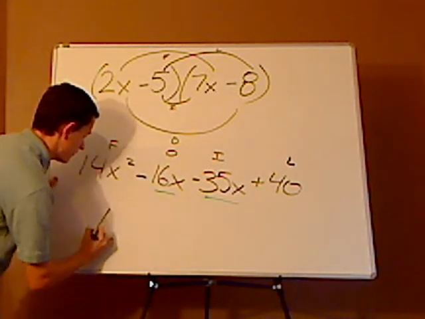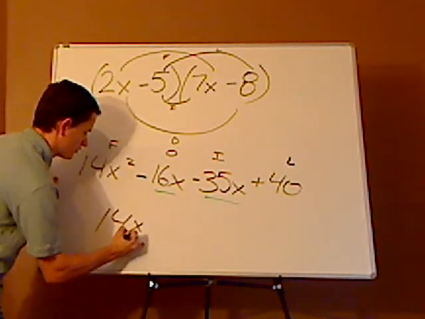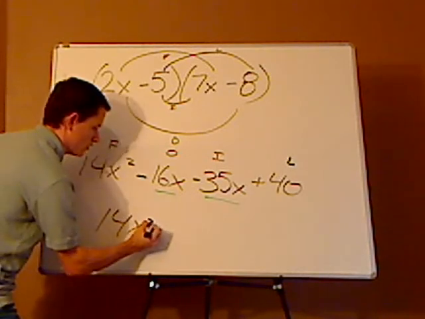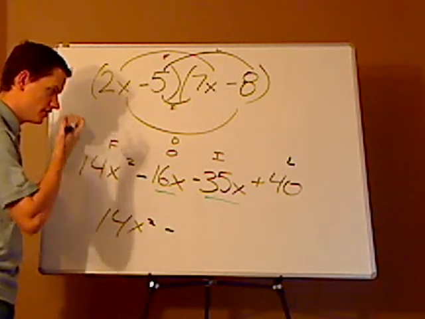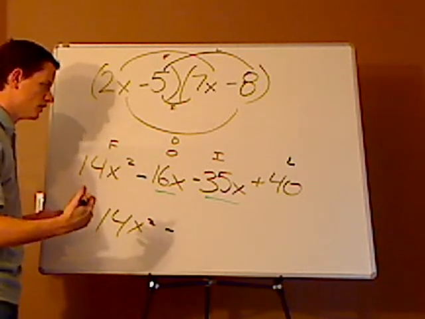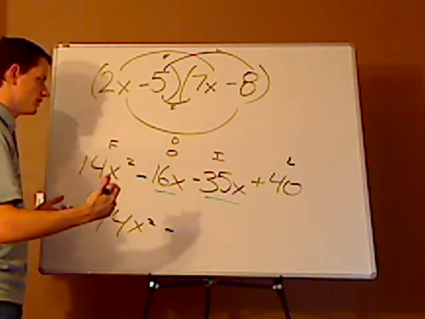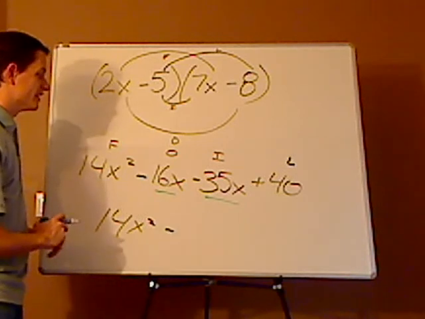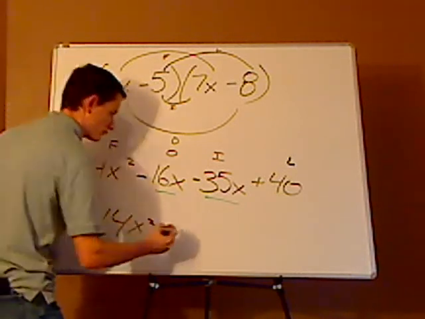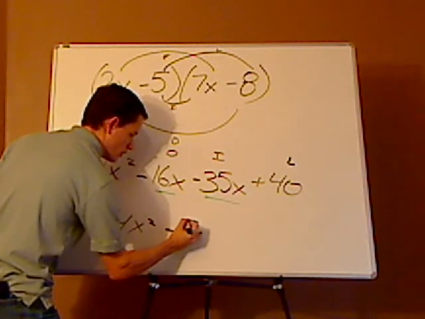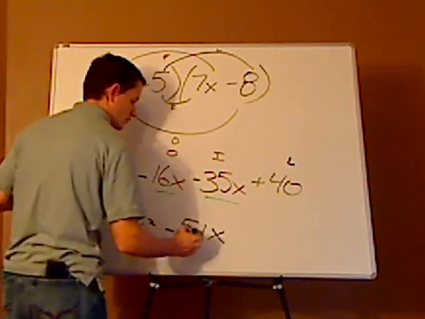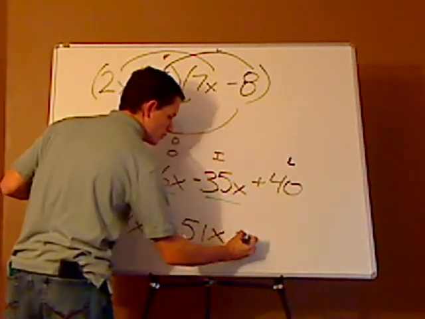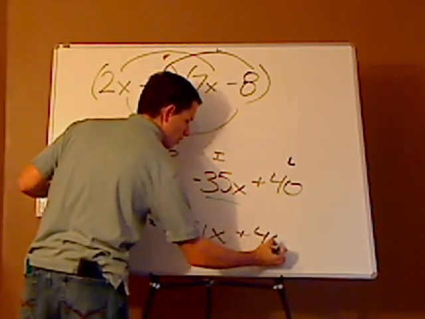So then you have 14x squared minus, and what's 16, and they're both negative, so you're adding. So 16 plus 35, that's going to give you 51x. So that's 14x squared minus 51x plus 40.